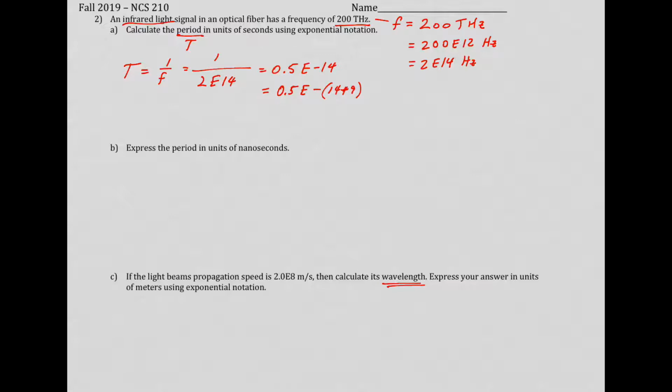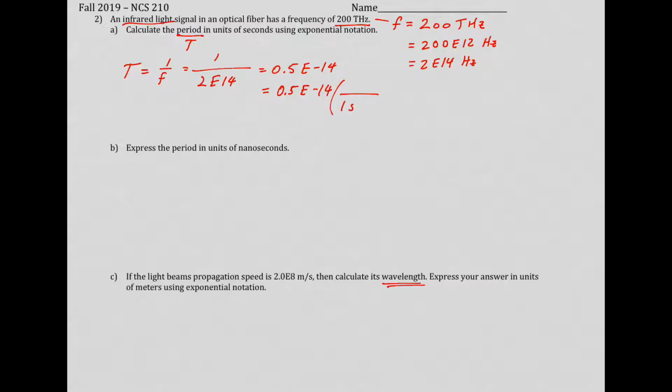Well, let me not write it like that. Let's just convert this e to the minus 14 seconds into nanoseconds. I've got this upside down here. It's 1 second in the denominator.